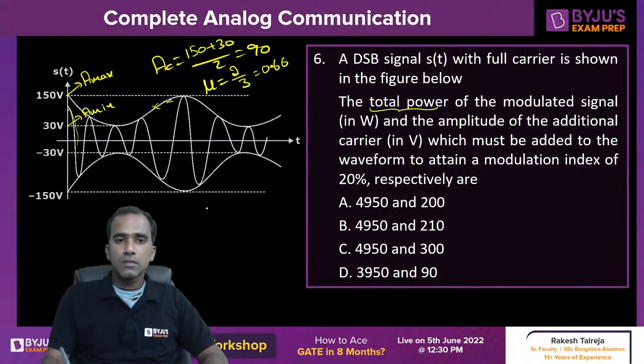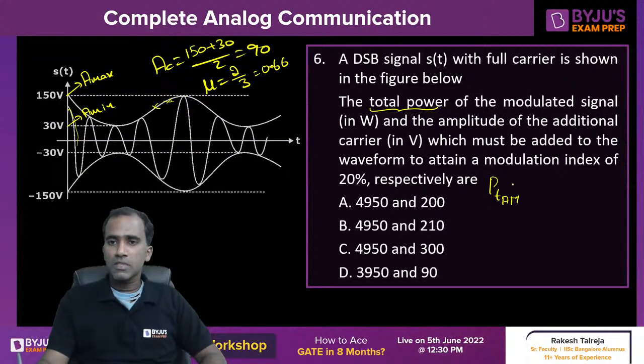So we know AC, we know mu. If you know the peak amplitude and mu, can we calculate the total power of the modulated signal? PT, the power requirement of the AM signal, is equal to PC into 1 plus mu square by 2. And what is the carrier power formula?